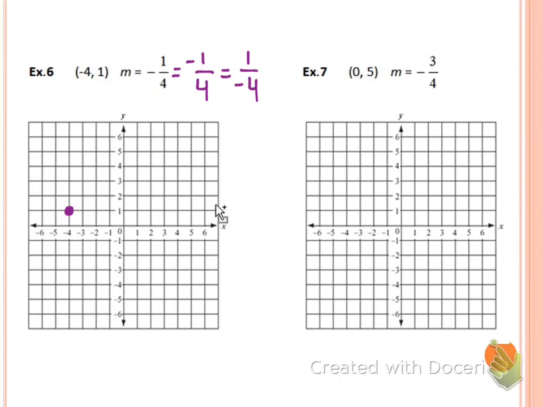Deja? We are on example 6. We found our first point. Now we're using our slope to get another point. To the right, how many?